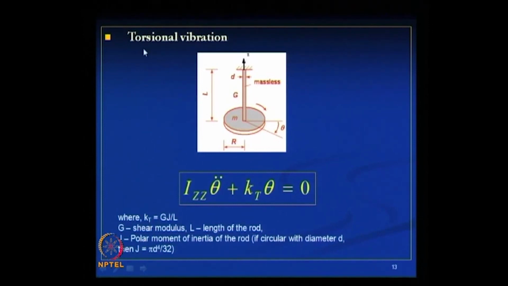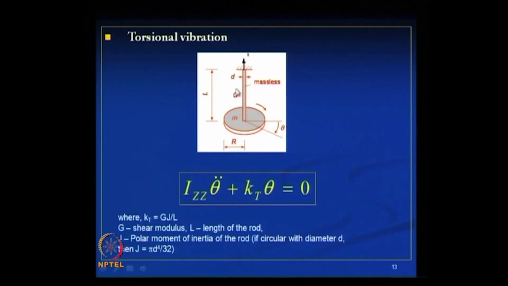If there is a torsional vibration for a plate like or disc like this, circular disc connected with a rigid rod, we are assuming that rod is massless, the disc is having a mass of m and a radius of r, and the diameter for this rod which is connecting the disc to a fixed end is small d, and length of the rod is capital L.